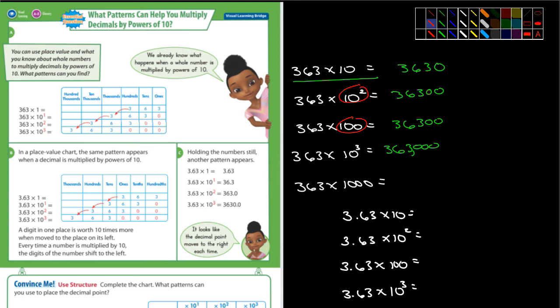Again, that's the same thing. 10 to the third and 1,000 is the same thing. So the answer to that one would be the same. It'd be 363,000, okay?